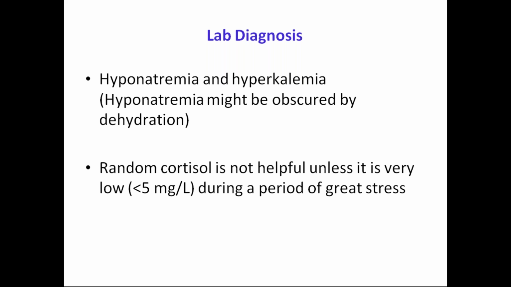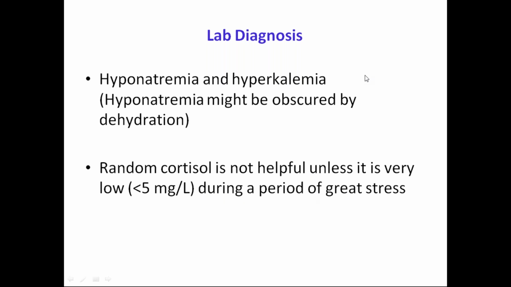These are the features I had told you previously: shock, anorexia, abdominal pain, weakness, fever, confusion, coma, dehydration, hypotension, and shock. Hyponatremia and hyperkalemia might be obscured by dehydration. Random cortisol is not helpful unless it is very low during the period of stress.